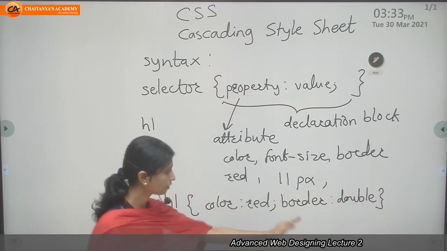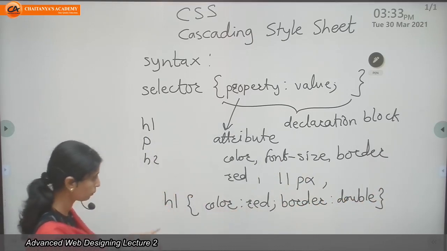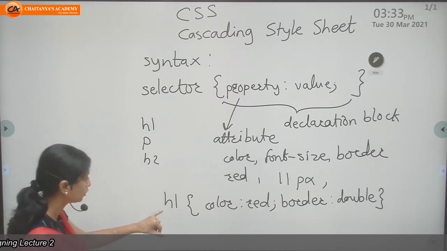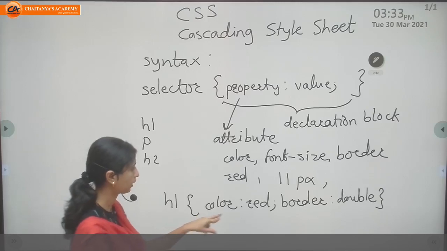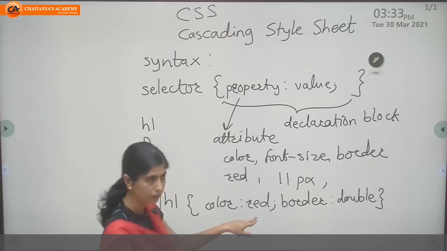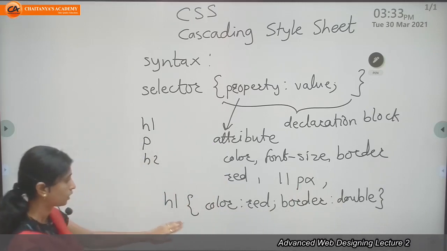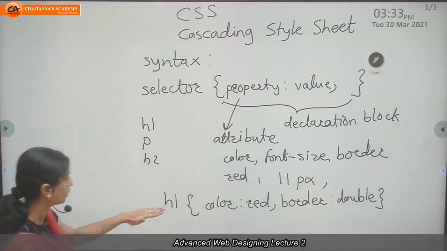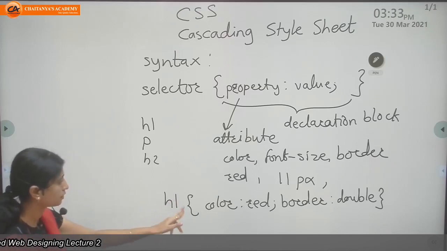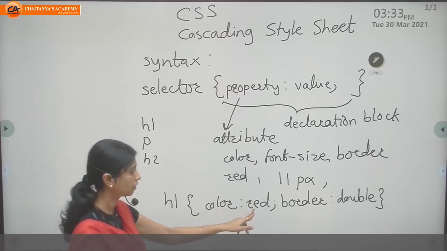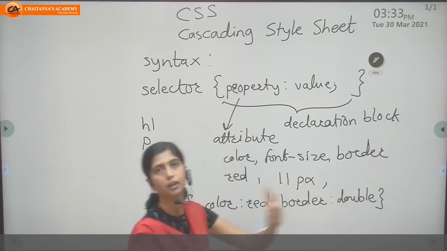What is the meaning of this line? The meaning of this line is, in the HTML page, wherever I use the H1 tag, the text inside that H1 tag will have red color and a double border. Wherever I use H1 tag in that HTML page, the text inside will have text color red and the border of that text will be double.